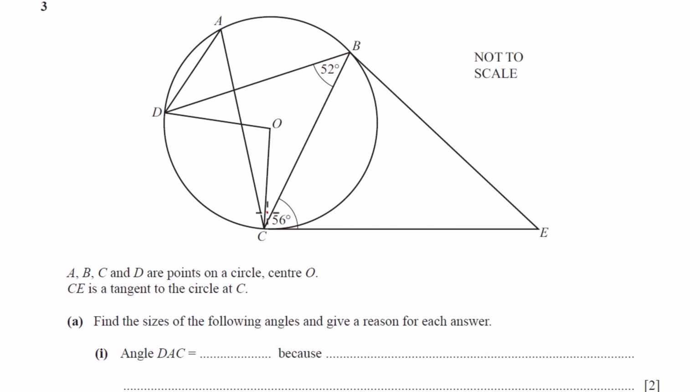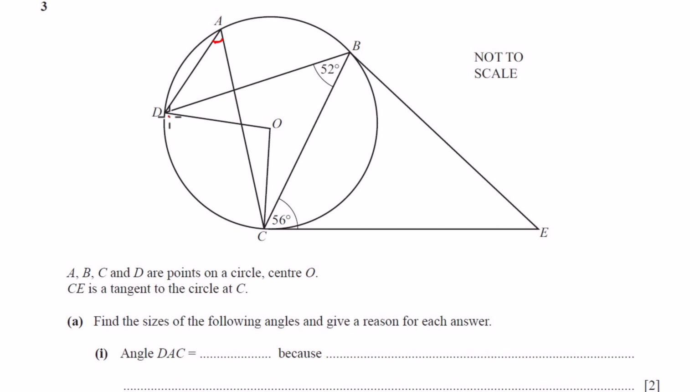Okay, like I said, this is circle geometry, and to find the size of angle DAC, we need to recognize where DAC is, starting from D up to A, then back to C. So we are looking for this angle here, DAC.